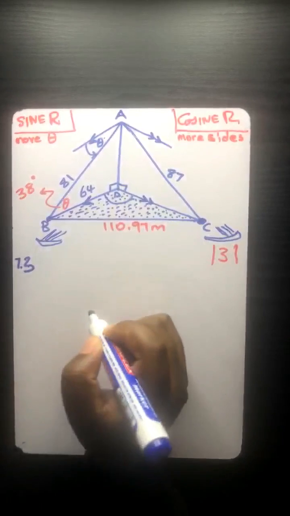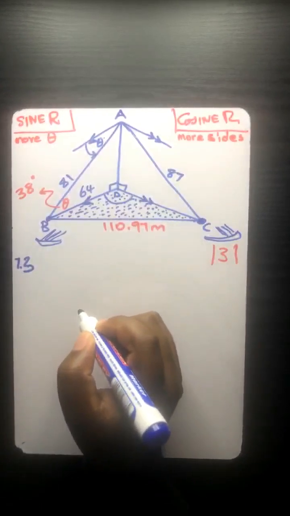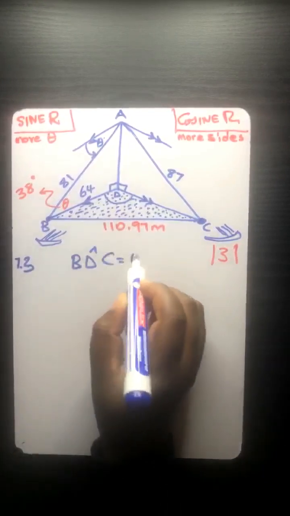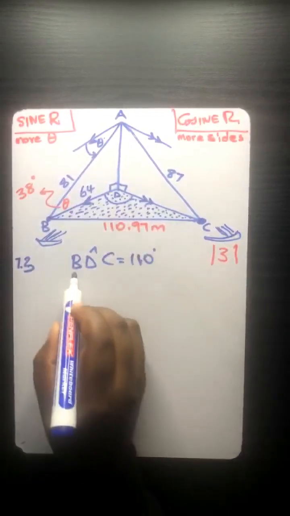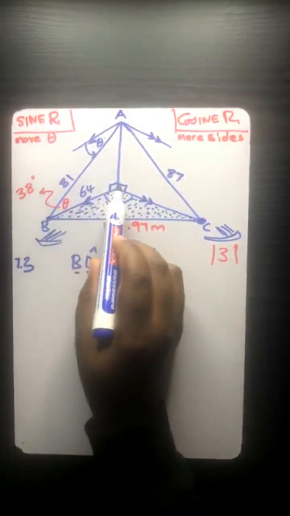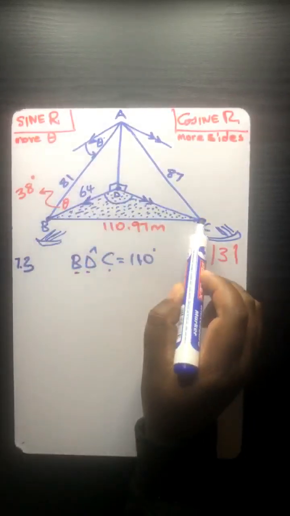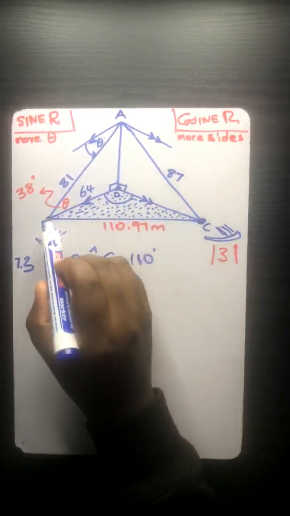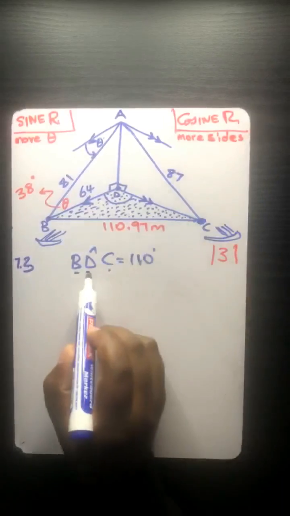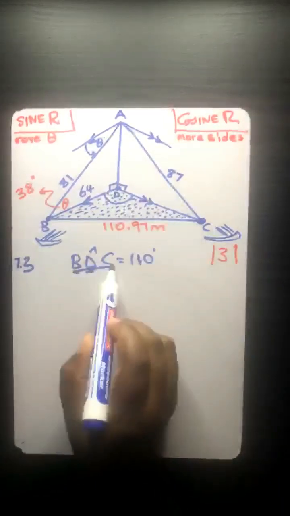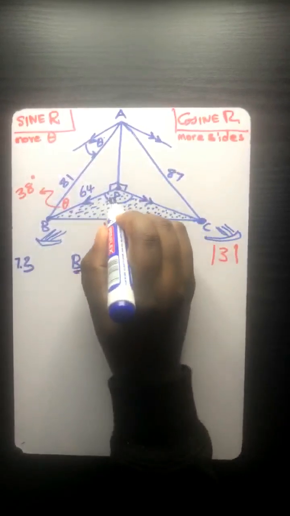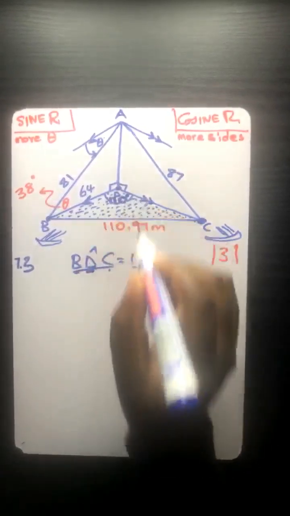So let's see. The last question, 7.3, says if, in triangle BDC, let's see, BDC. Can you now see they're talking about that? If angle D in this triangle is that, so that means D there is now 110 degrees.